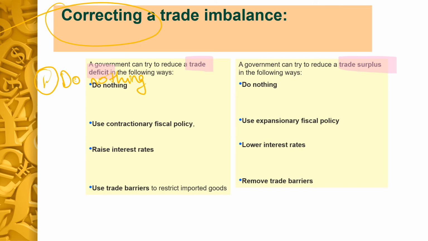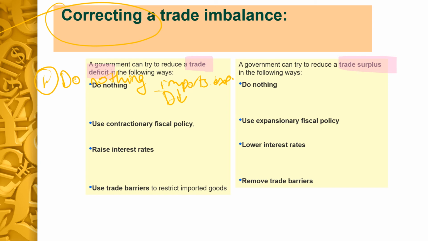So, since the imports are more expensive, our demand would fall. So let me write it down. Imports are expensive, so the demand will fall, but exports are cheaper to buy, so overseas demand will rise. So they believe the problem will fix itself.